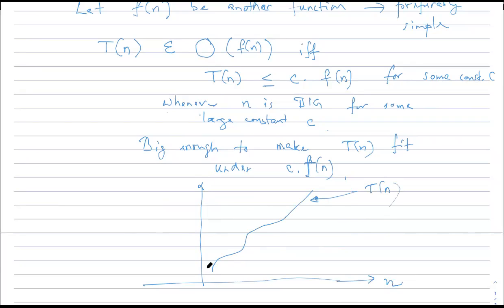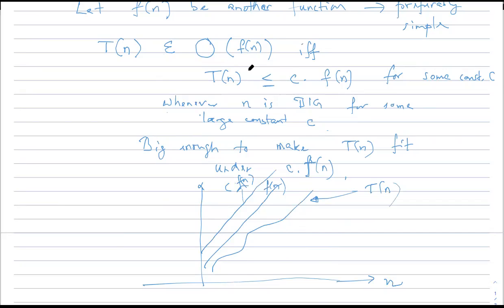If I'm defining this as f of n, and I multiply with a constant, this is c times f of n. All this is saying is that as long as you can justify that this T of n for all values of n remains inside, less than or equal to, then we can say that T of n is an element of the big O of f of n.